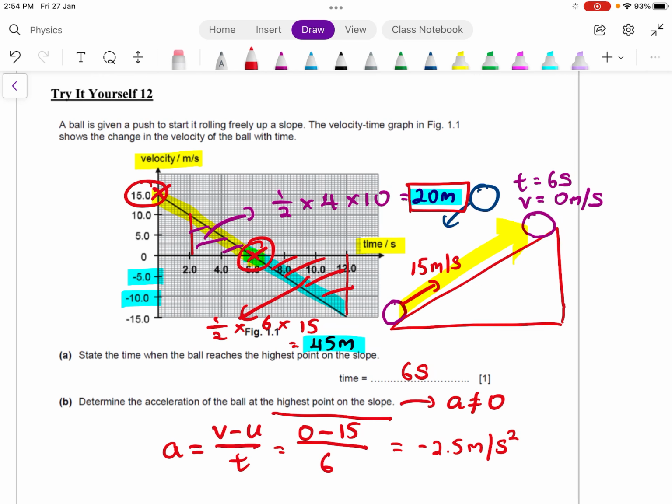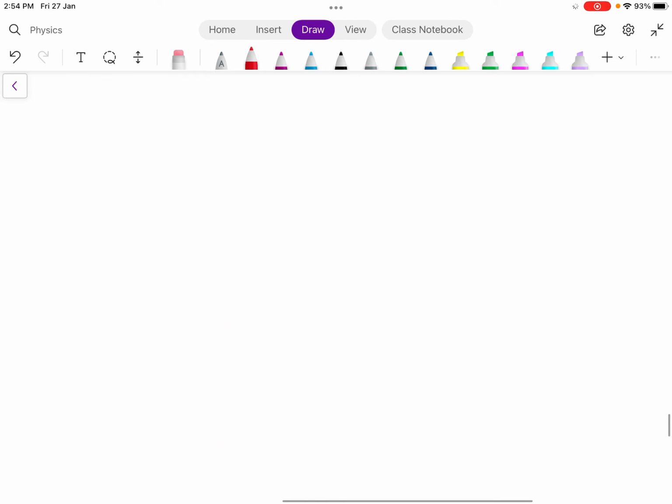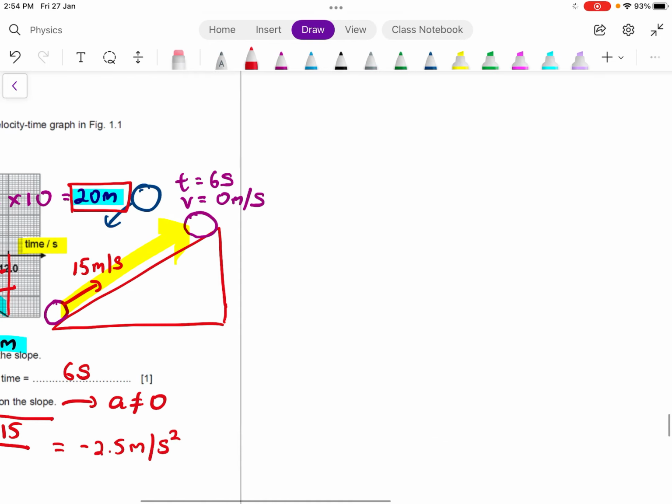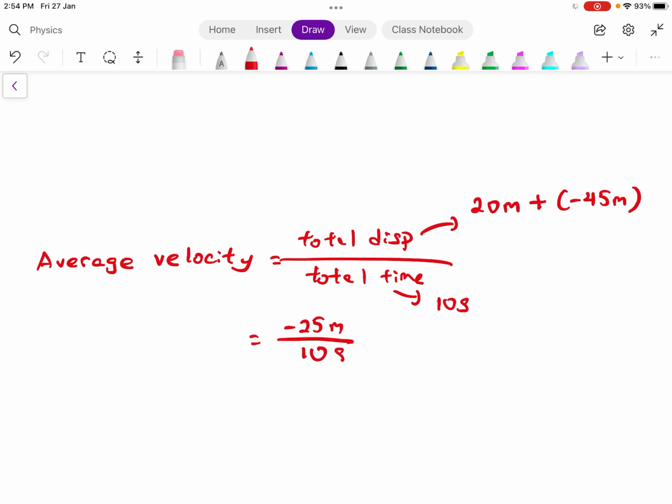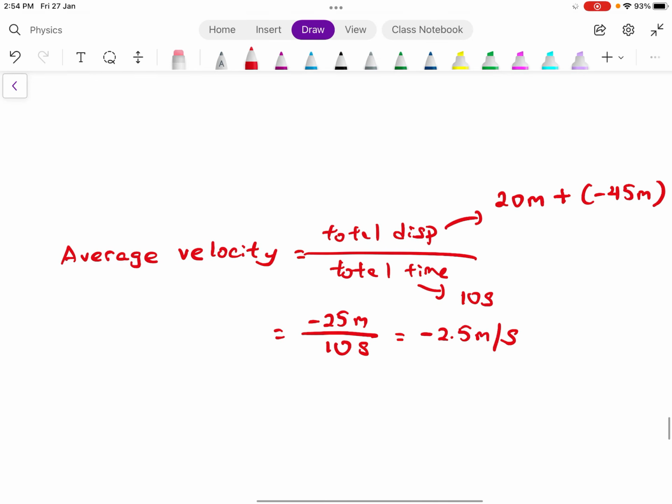So the total displacement is 20 meters plus negative 45 meters, which equals negative 25 meters divided by 10 seconds. You will get roughly negative 2.5 meters per second. That is how you calculate the average velocity.